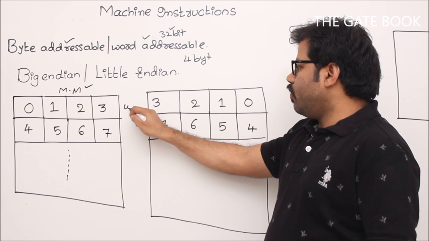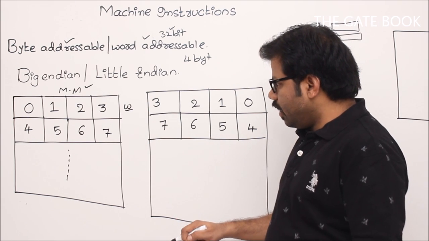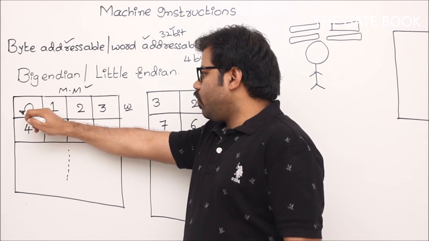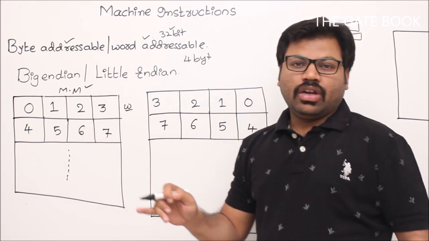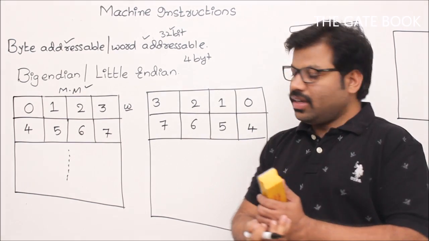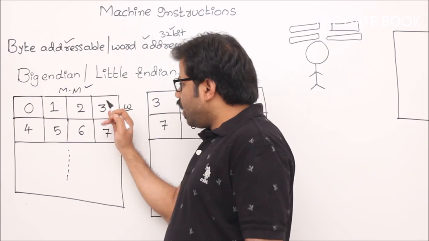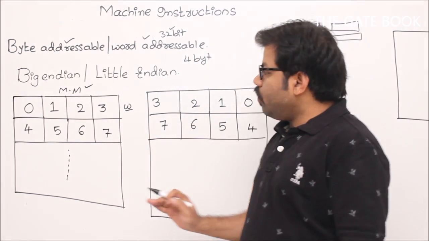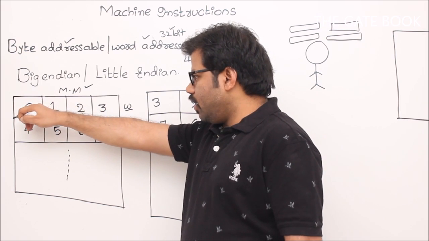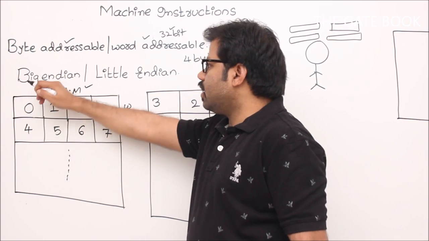So this is your typical word W. If it is 32 bits in size, it will take 4 bytes: byte 1, byte 2, byte 3, byte 4. You know that in byte addressable systems we are going to number the bytes. How do you number them? From left to right, or right to left, is the question. If you number them from left to right, that means the least number goes to the leftmost byte, the most significant byte, then we say that is big endian.